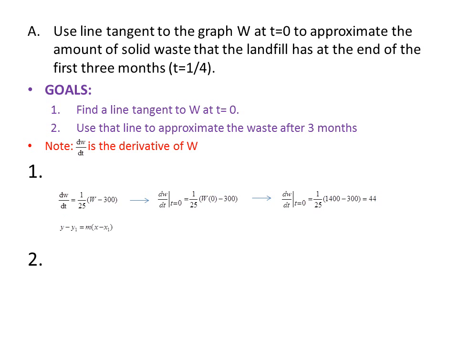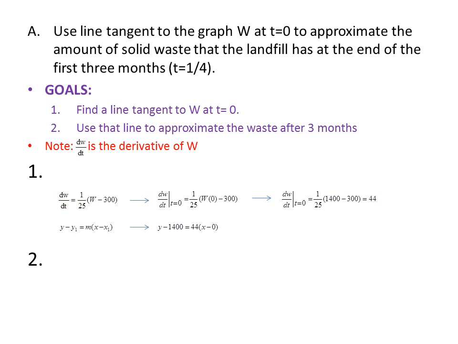Now, to get it into a recognizable tangent form, we can use the point-slope form, which is simply y minus y1 is equal to m times x minus x1. We plug in the point (0, 1,400), and we get y minus 1,400 is equal to 44 times x minus 0.